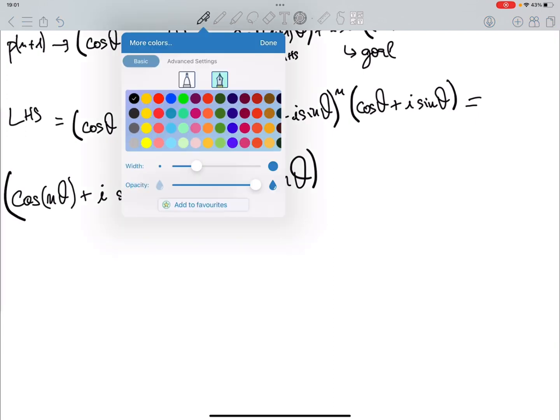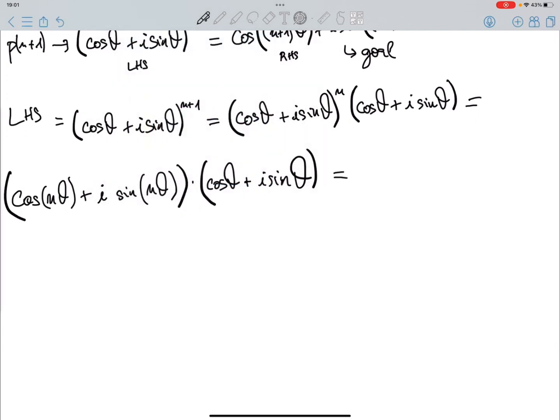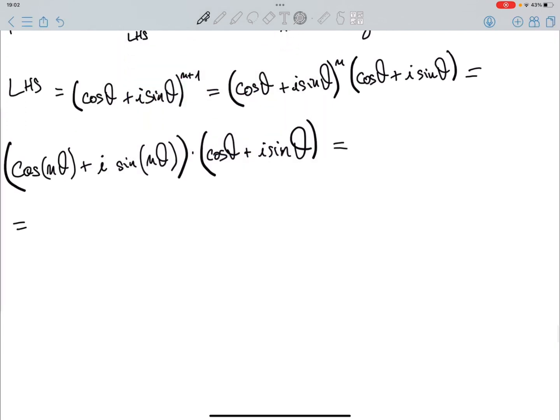Now we can multiply and remove the brackets. We multiply this by this and then this by this.